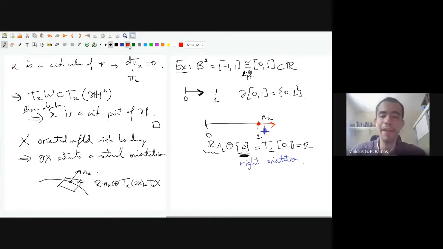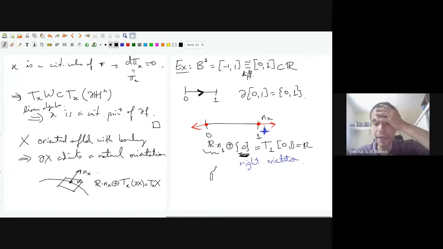And then maybe it's easier to understand when you look at what happens at 0. At 0, the outward pointing normal vector field points like this. It's normal to this point, and it has to point away from the interval, so it's pointing like that. And over here, this direction is the opposite of the oriented direction in the interval.